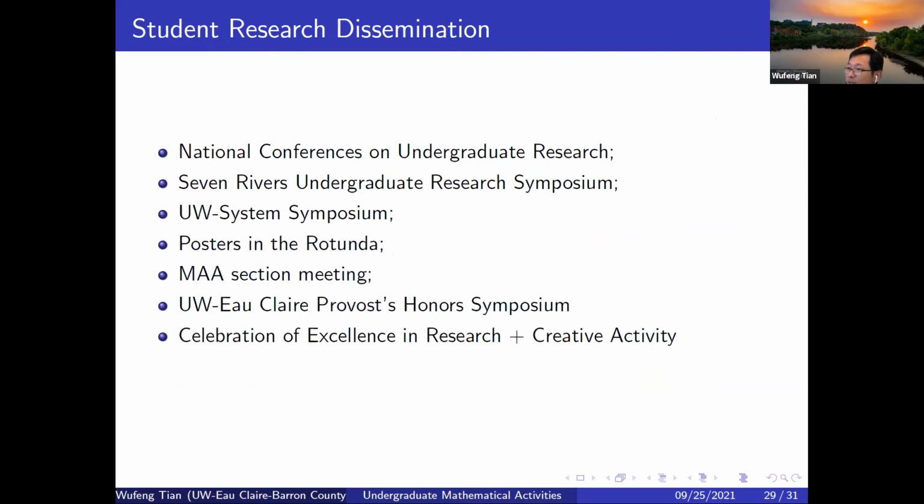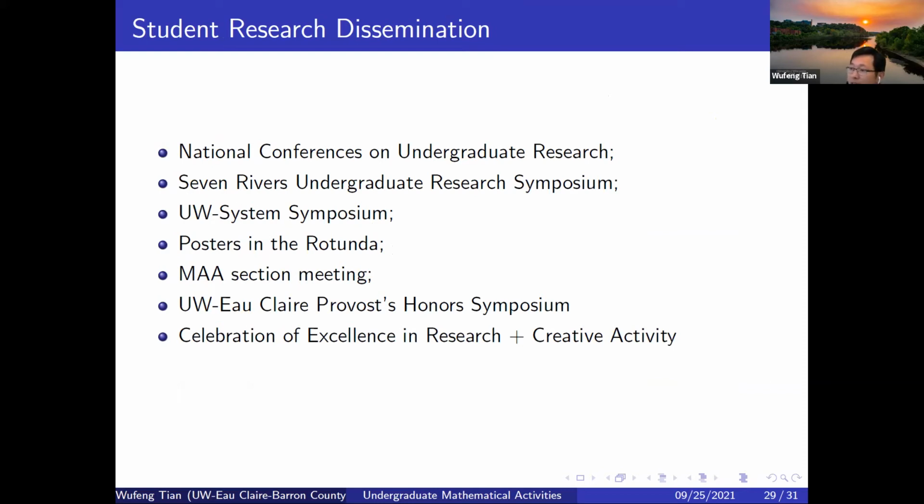Students can present their research in the National Conference on Undergraduate Research, which we are going to host in 2023. We also have the 7 Rivers Undergraduate Research Symposium and the UW System Symposium, where I have had students present.